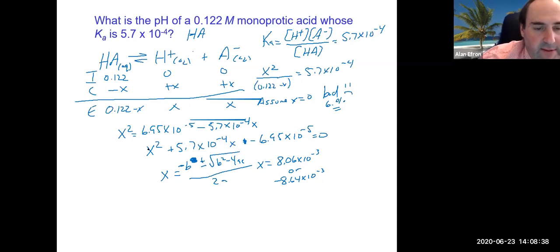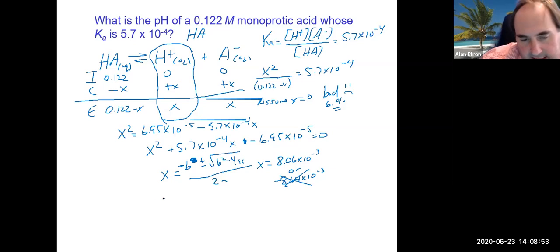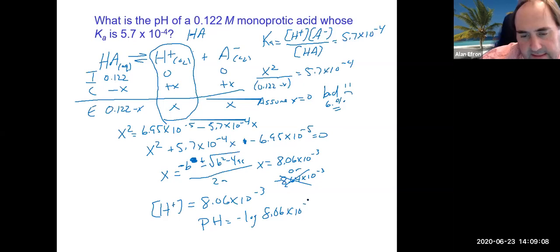So here we're interested in our H plus. Obviously we cannot have a negative concentration, so the negative number cannot be right. That means the positive number should be correct, and that would be the concentration of H plus, which equals 8.06 times 10 to the minus 3. That's going to go into our pH equals minus the log of 8.06 times 10 to the minus 3.